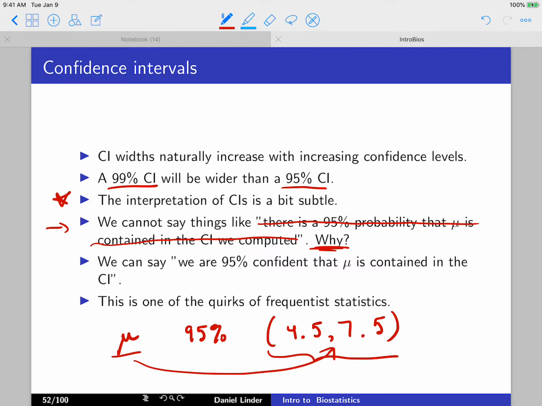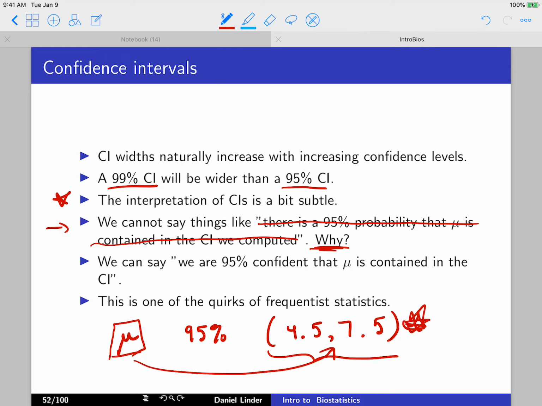Remember, a population parameter is a fixed unknown constant, so it's a fixed unknown quantity, and it's either inside this interval or it's not inside that interval. And that actually happens with probability 1. So the population mean is either contained in this interval or not.